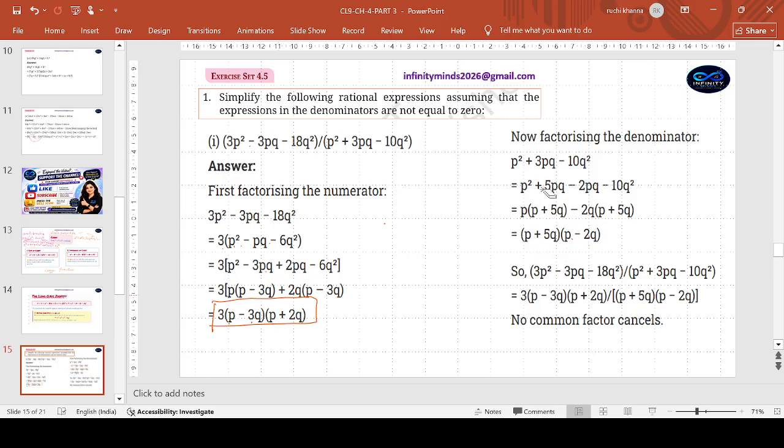Now putting all of them together. 3 brackets p minus 3q brackets p plus 2q, over the denominator p plus 5q, p minus 2q. Actually, in this case by chance nothing is cancelled.